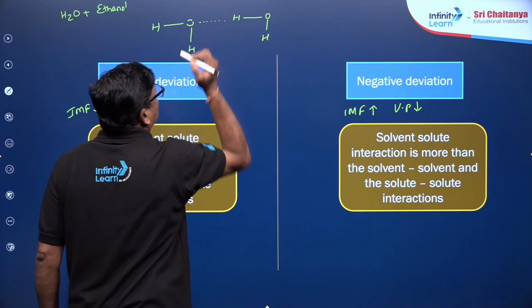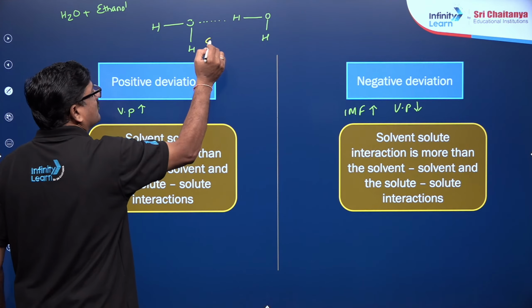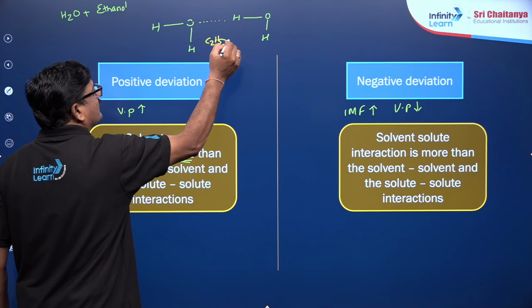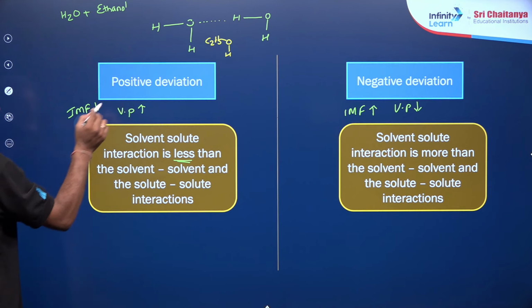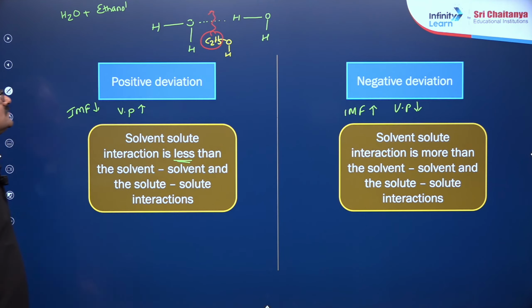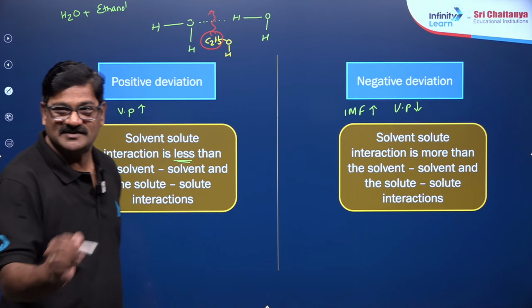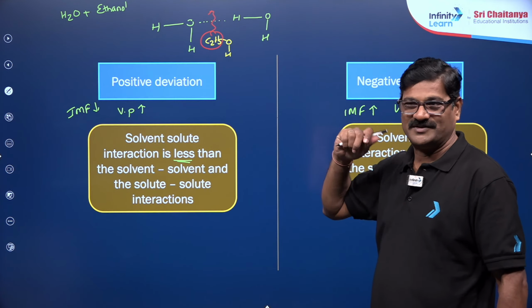So when you add ethanol, ethanol means C2H5OH, because of this, see, the alkyl part is going to disrupt. You understand? Intermolecular force is decreased, so that vapor pressure is increased. So that it is going to increase the vapor pressure.